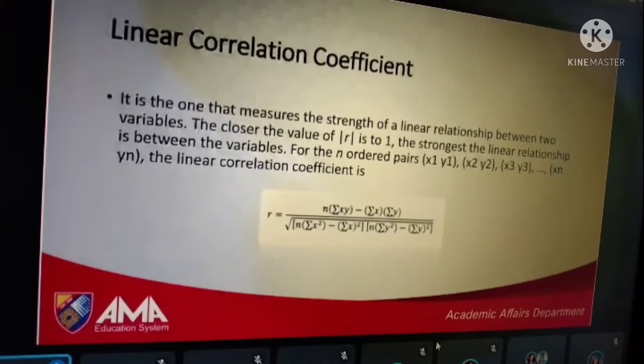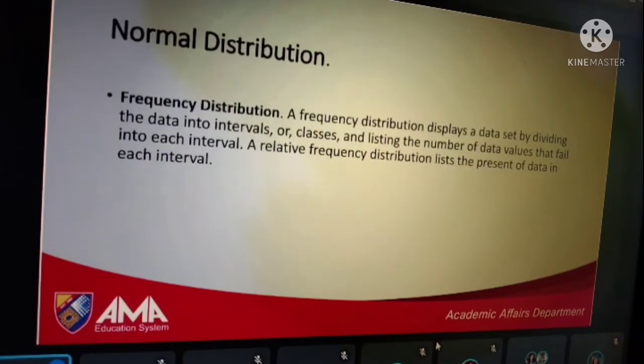The closer the value of R is to 1, the strongest the linear relationship is between the variables. 0 and 1 lang naman kasi ang magiging comparison natin. So sa linear correlation, ang lalabas lang naman dyan, 0 to 1. Ang magiging result, para malaman natin yung strength ng relationship.